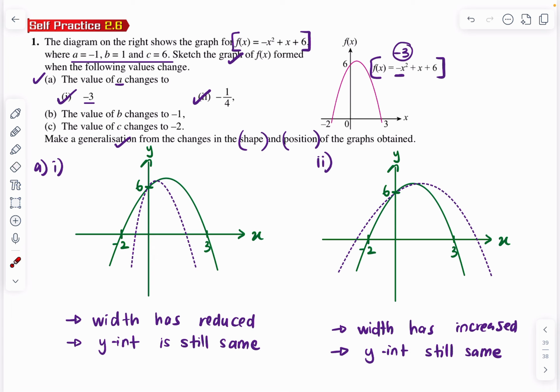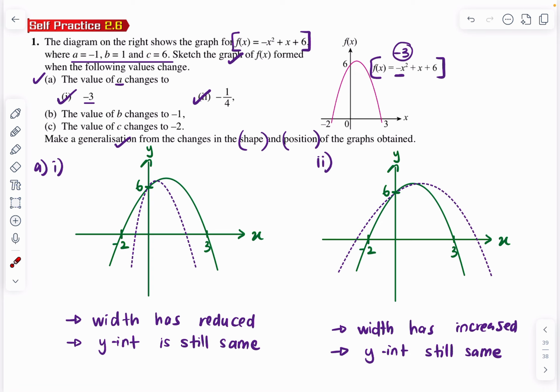So when a goes from -1 to -3, the graph became smaller, thinner. When a moved from -1 to -1/4, the width becomes bigger. That's it. So that's the shape and the position.